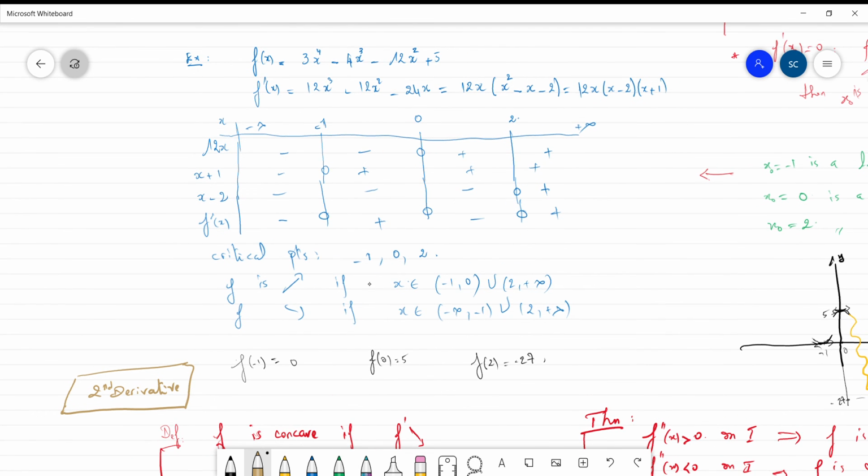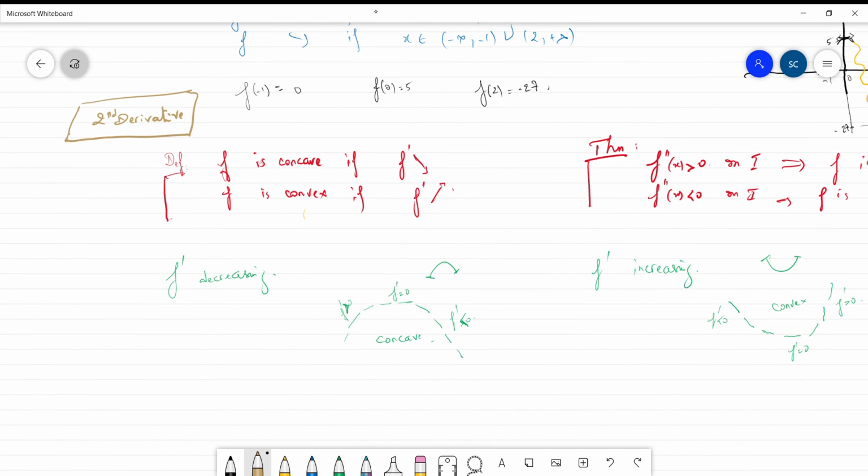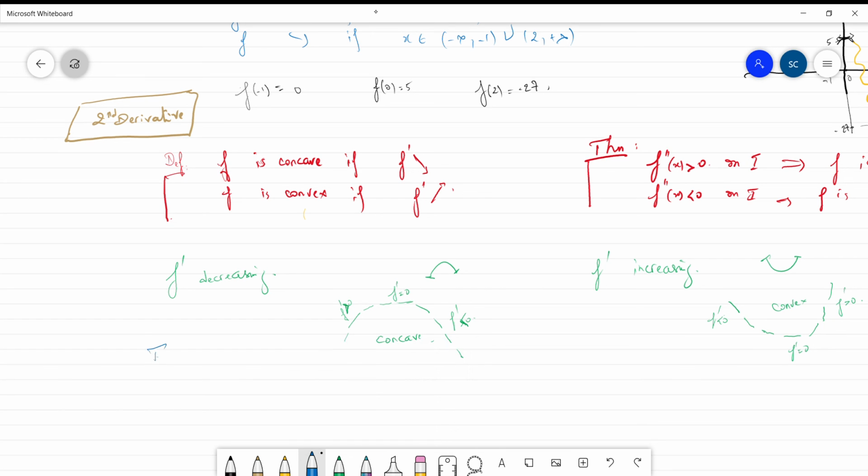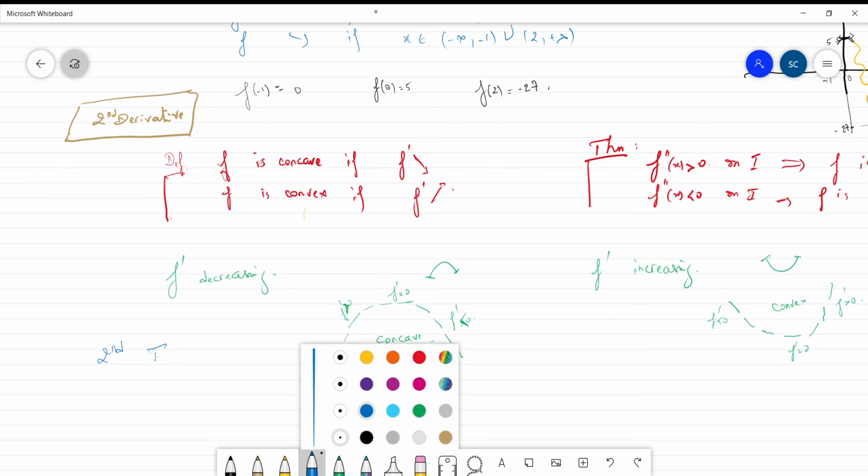So there is one more theorem that we need to know: the second derivative test.